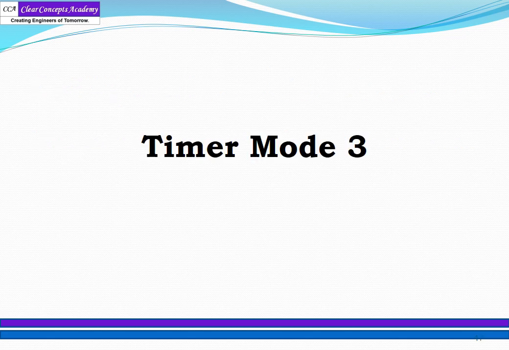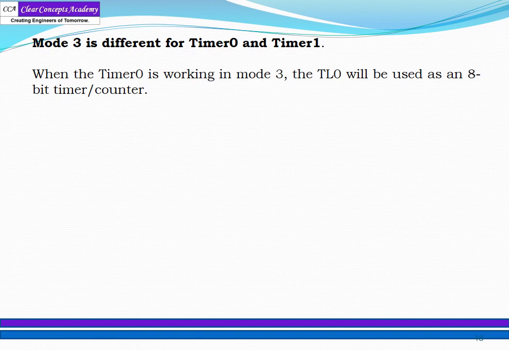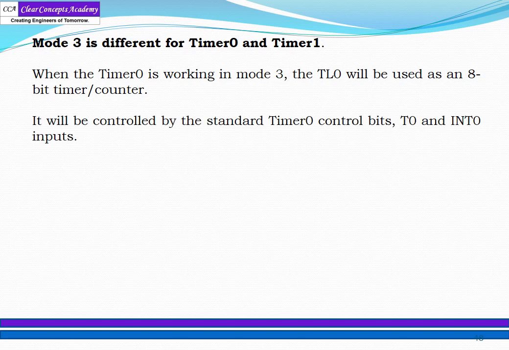Now let us see mode 3. What is mode 3 of operation? Mode 3 is different for timer 0 and timer 1. When timer 0 is working in mode 3, TL0 is used as an 8-bit timer or counter. It is controlled by the standard timer 0 control bit T0 and INT0 inputs.